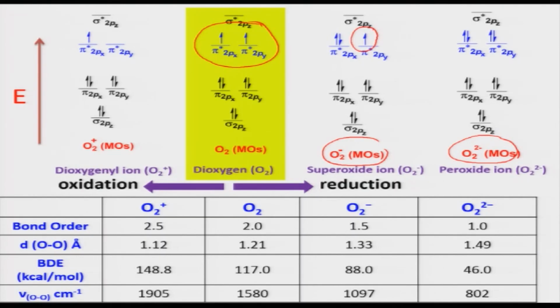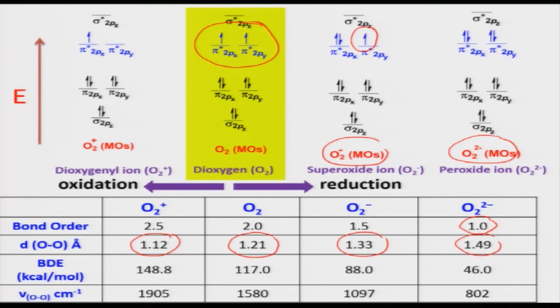If you look at the bond order, in O2 plus it is 2.5, O2 it is 2.0, O2 minus it is 1.5 and peroxide it is 1.0. So, bond order is decreasing from left to right. And what happens to the distance? Bond distance is gradually increasing from dioxygenyl ion O2 plus to O2, then O2 minus, then O2 2 minus.